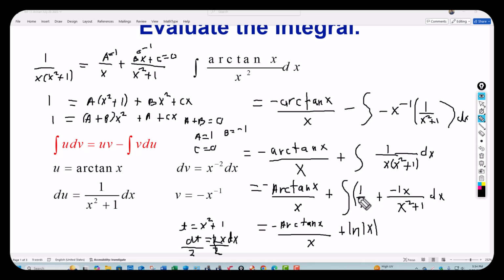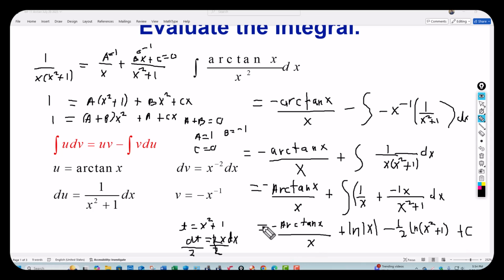So it's the same thing as for the first part. It's just a natural log. So this would just be minus, we're going to have the 1/2 from here, dt over 2, so this would be 1/2 of ln. And because it's x squared plus 1, we don't need absolute value, so we can just put parentheses x squared plus 1 plus c.